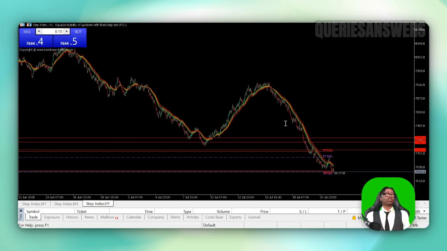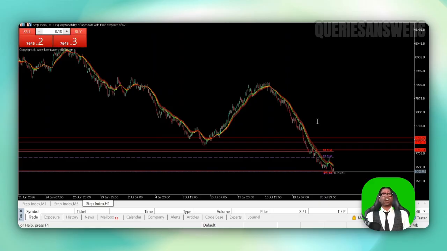Boom 1000 moves downward in tiny tick steps before delivering a sudden upward spike, while Crash 1000 moves in tiny upward ticks before a sudden downward spike.